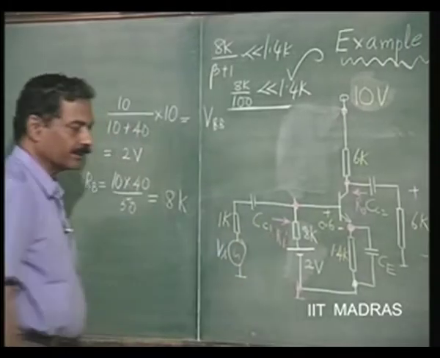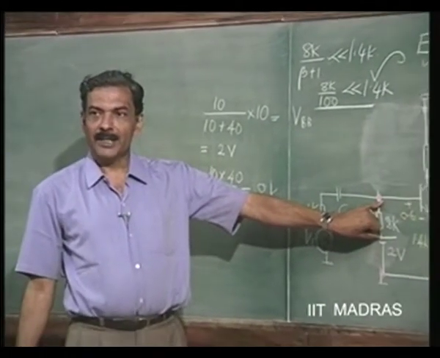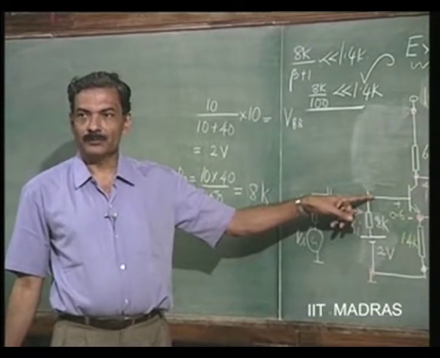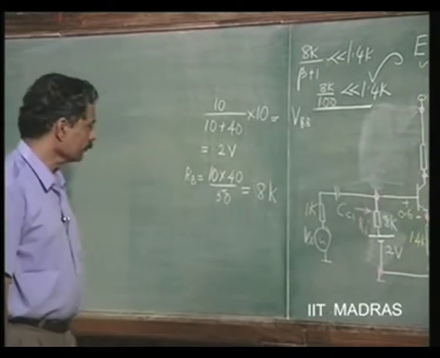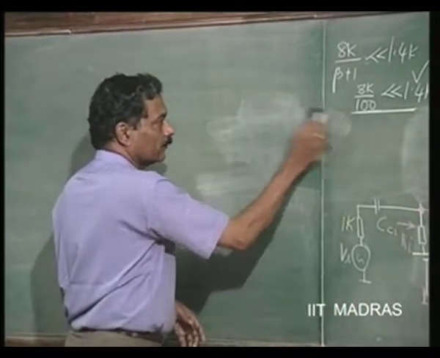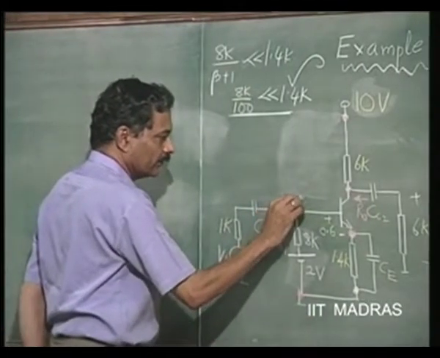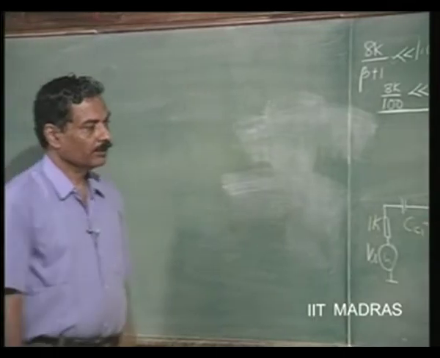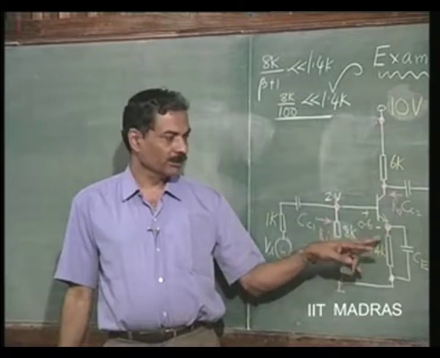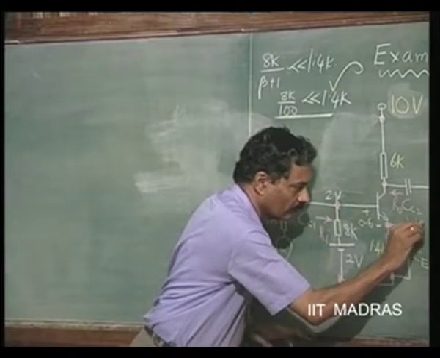That means this can be neglected. The DC drop due to base current can be neglected, and this voltage can be assumed to be at 2 volts. Is this clear? Now that we know that this is going to be at 2 volts, and VBE is 0.6 volts, this voltage is 1.4 volts DC.